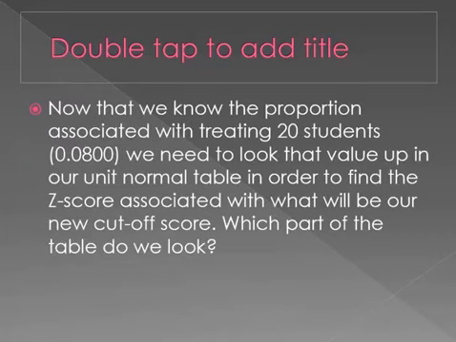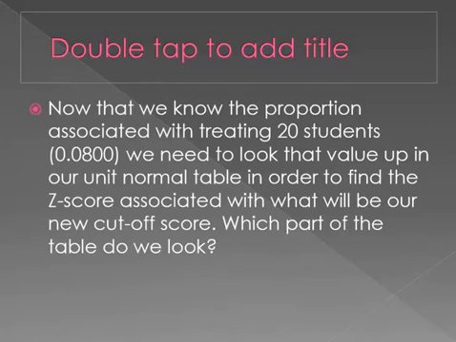So now we have this proportion associated with treating 20 students, right, which is 0.0800. Remember, I told you we can look up proportions in our unit normal table, and we can find corresponding z-scores associated with those proportions. So we're going to need to look up this value of 0.08 in our unit normal table, and we're going to find the z-score that's associated with what's going to be our new cutoff score.